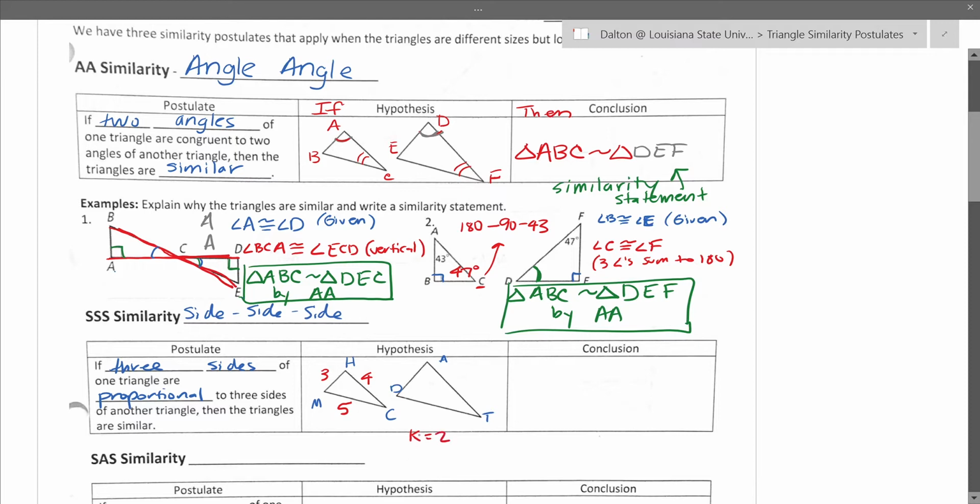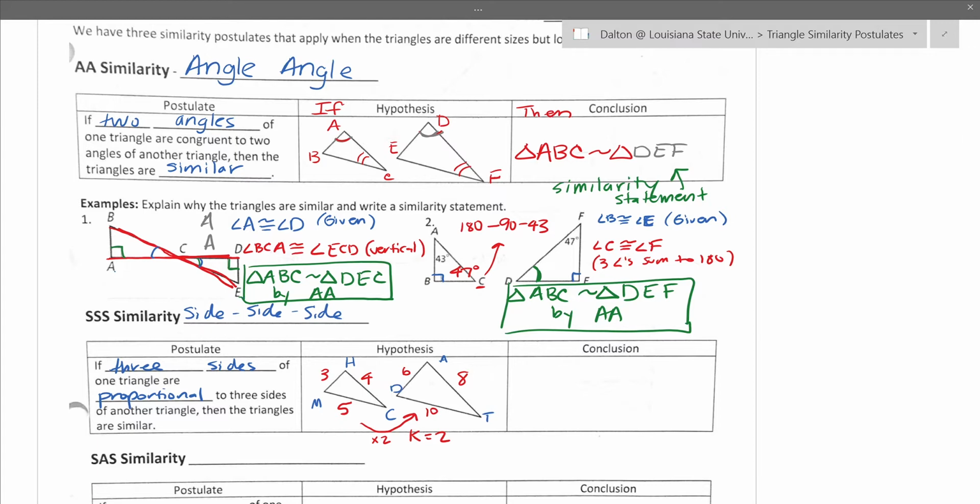So if a scale factor is 2, that means I'm going to take these numbers on the triangle on the left and I'm going to multiply all of them by the number 2 to get the 3 lengths of the next triangle. So 3 times 2 is 6, 4 times 2 is 8, 5 times 2 is 10. So we've just made these sides proportional by multiplying everything by the same scale factor.